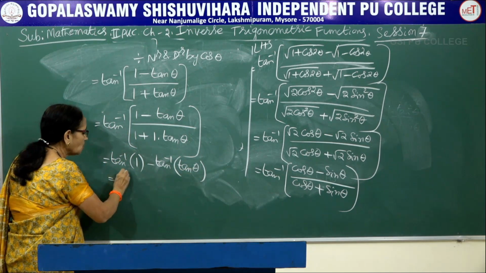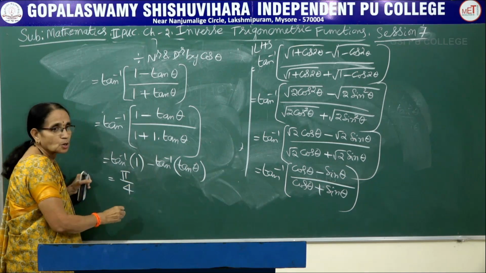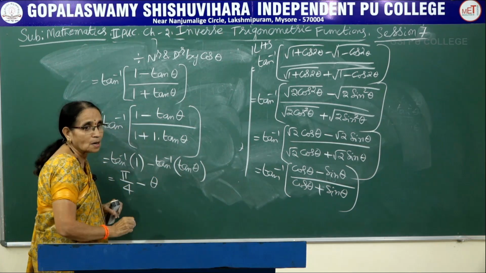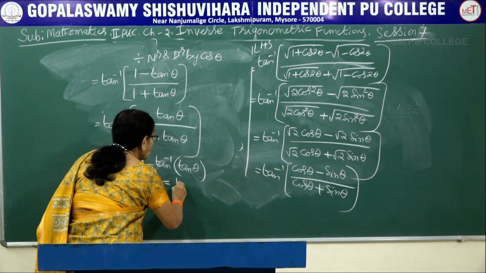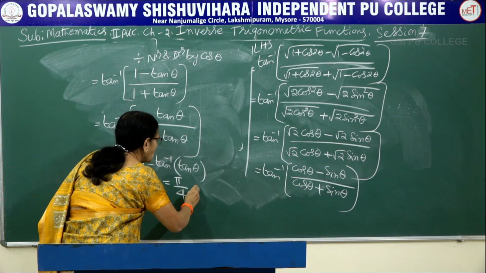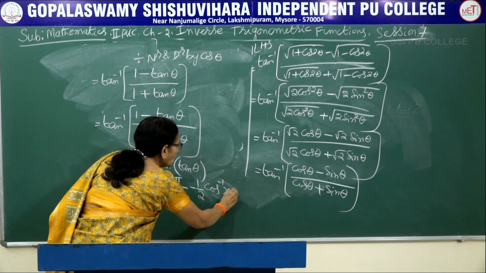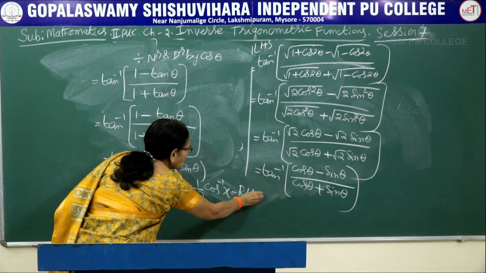Now tan inverse of 1 is pi by 4. You know that already. Tan inverse of tan theta is theta. But theta has been calculated in the beginning itself. It is half of cos inverse of x. Hence we get the right hand side.